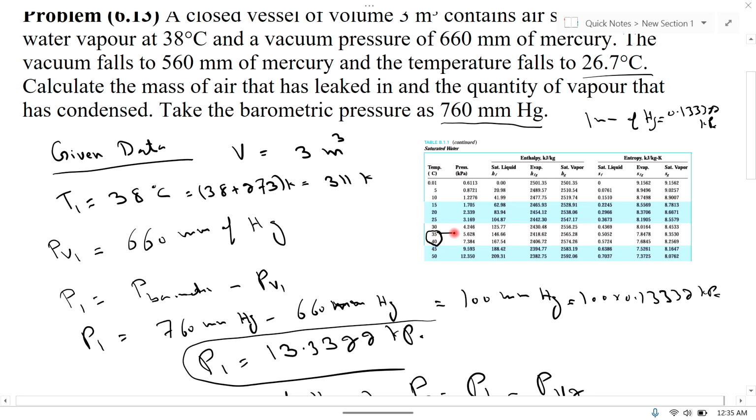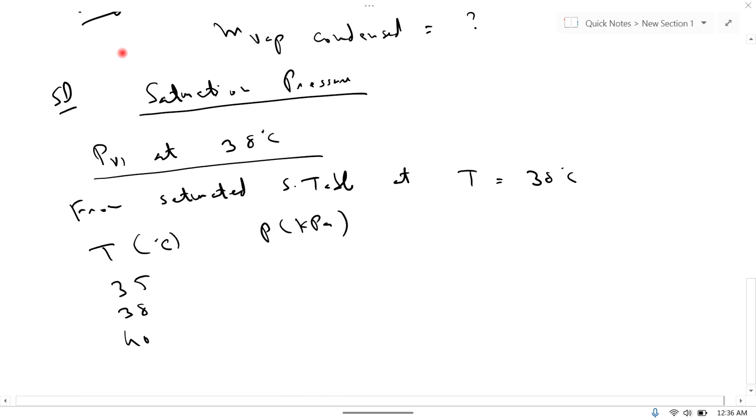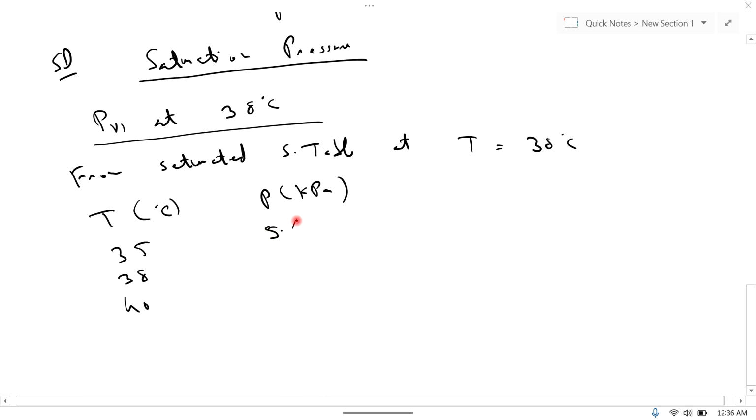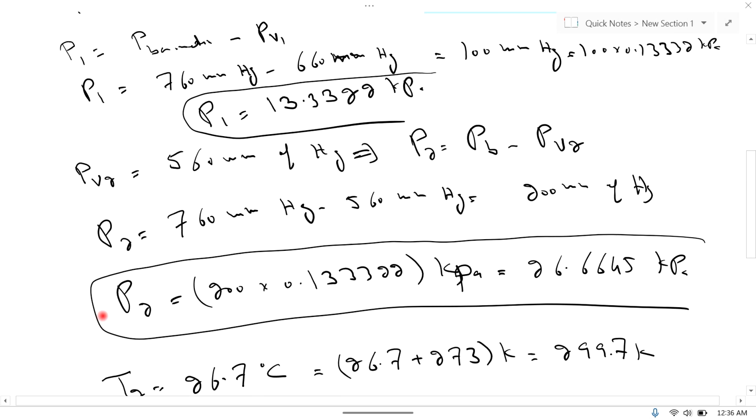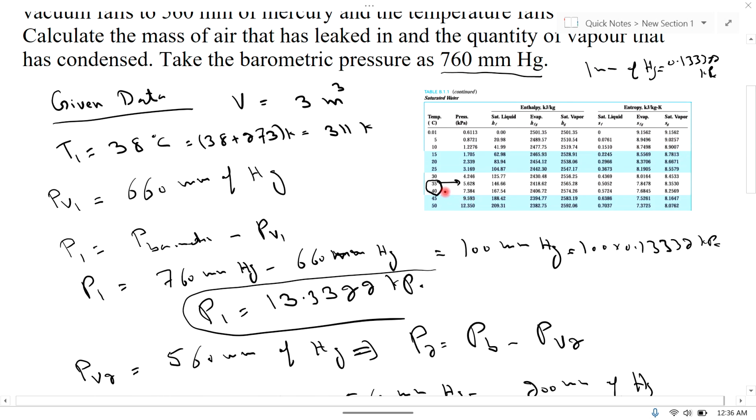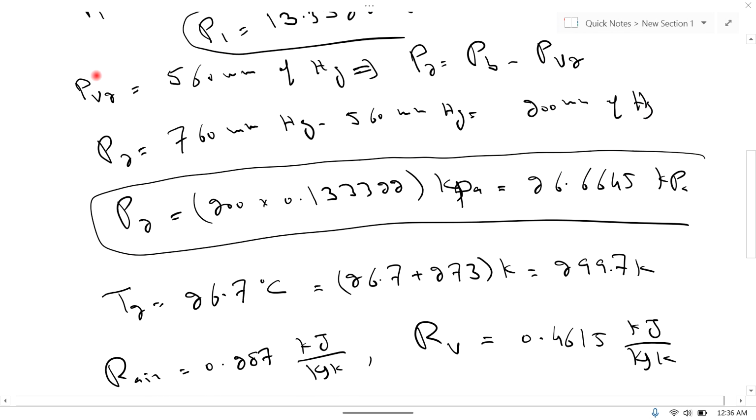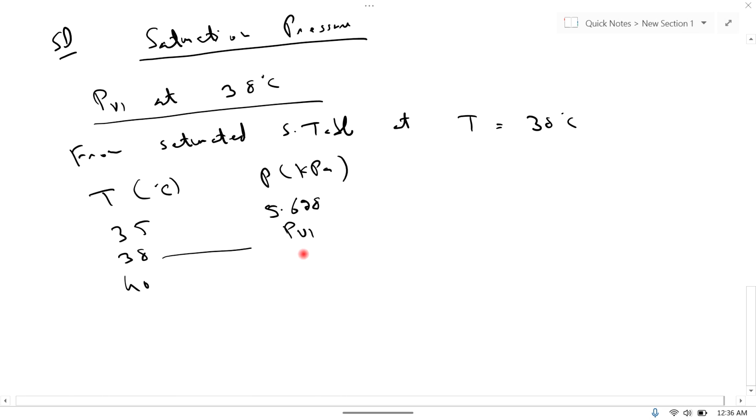At 35 degrees centigrade, saturation pressure is 5.628 kilopascal. At 38, this pressure is required, and at 40 degrees centigrade, the saturation pressure is 7.384. So we will do interpolation.